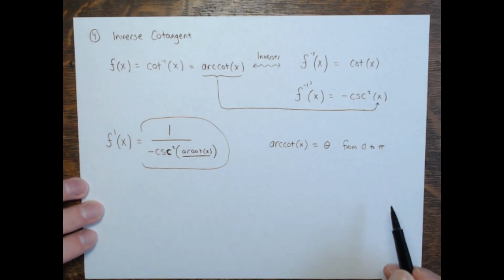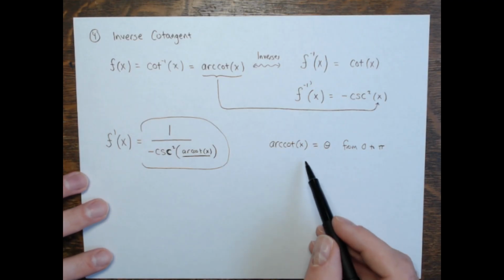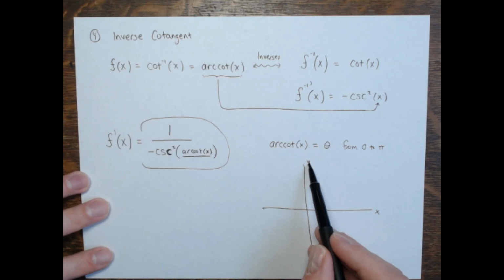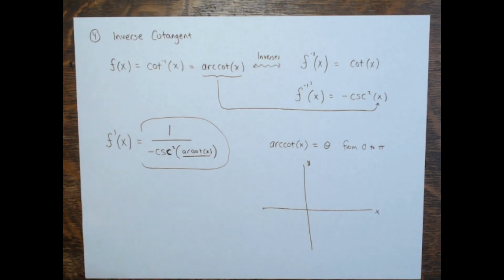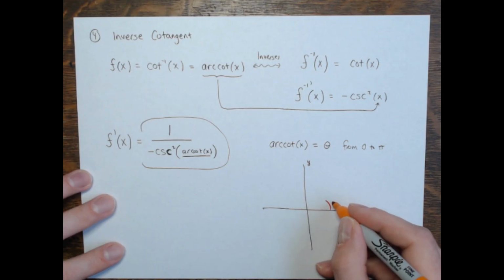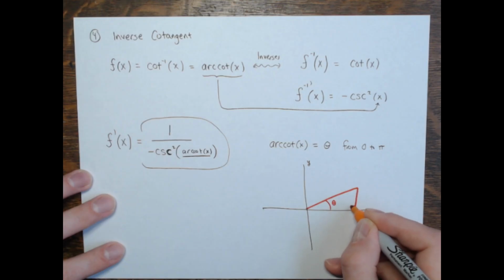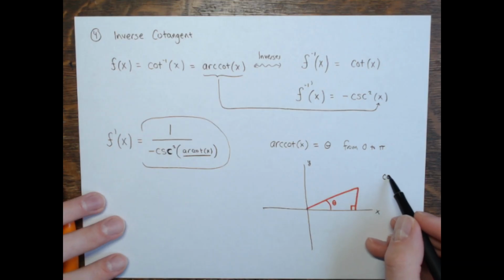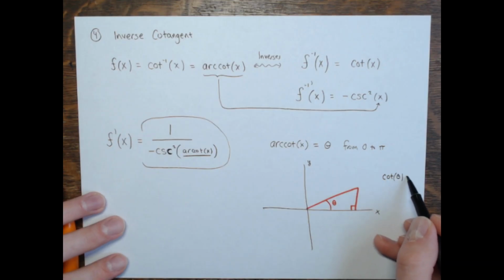So either a quadrant 1 or quadrant 2 angle, which I'll show both. So if it were a quadrant 1 angle, let's say this is theta here. Again, I'm setting up my right triangle so that the cotangent of this angle is x.